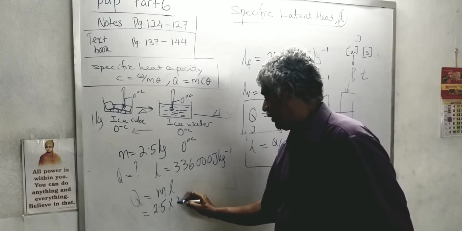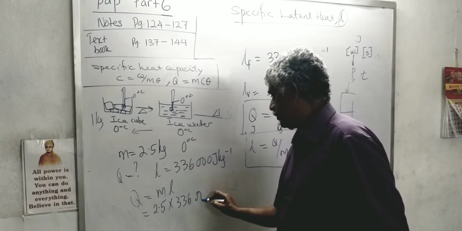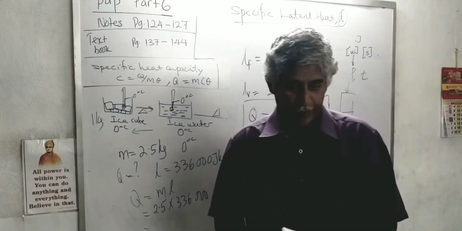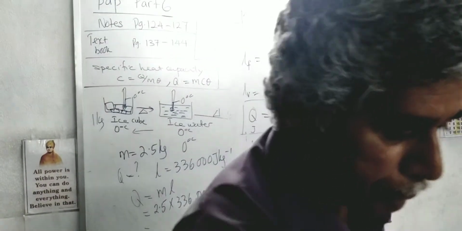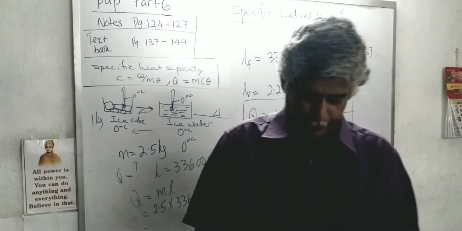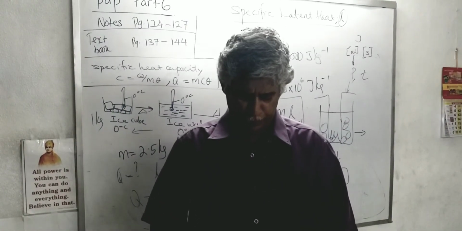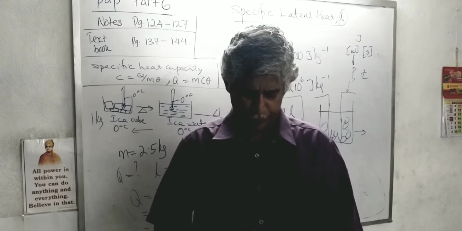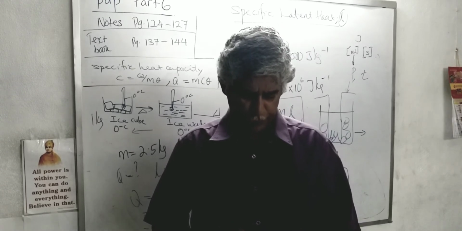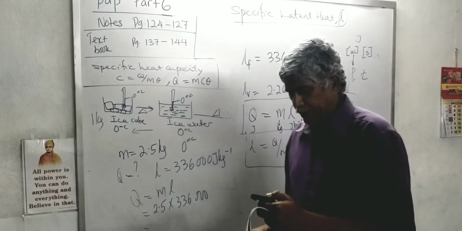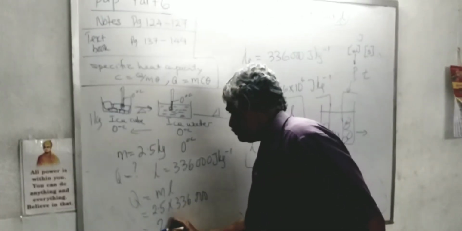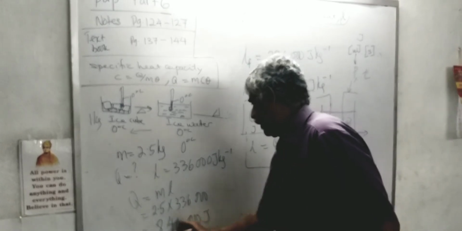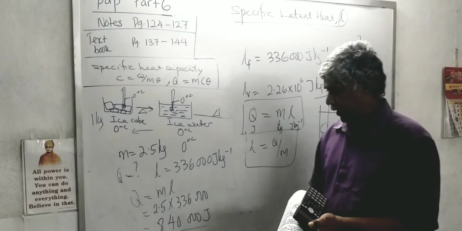L is 336,000. You just multiply, so you will get the answer. So we get 840,000. 840,000 joule of heat energy is required to melt.